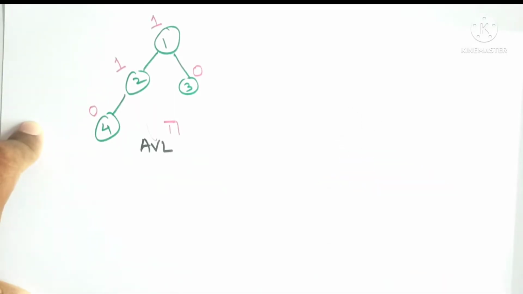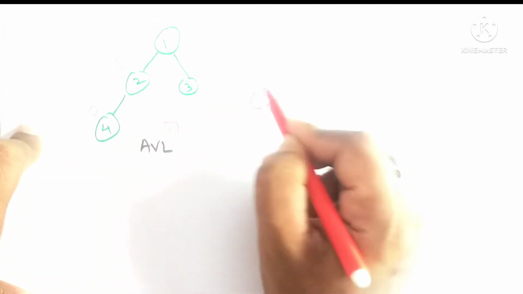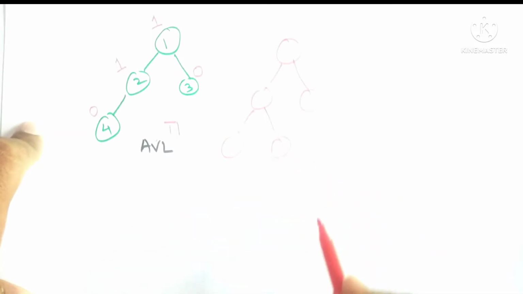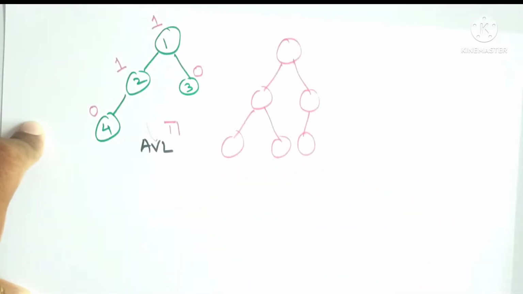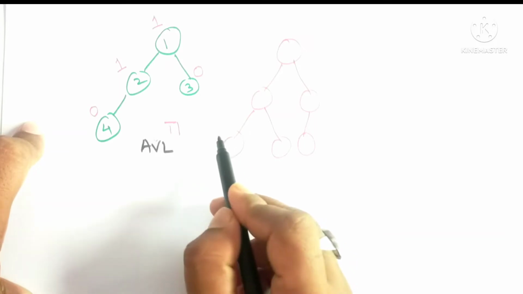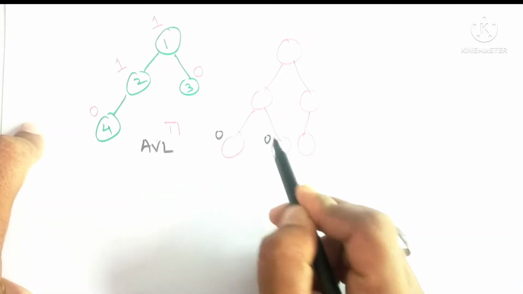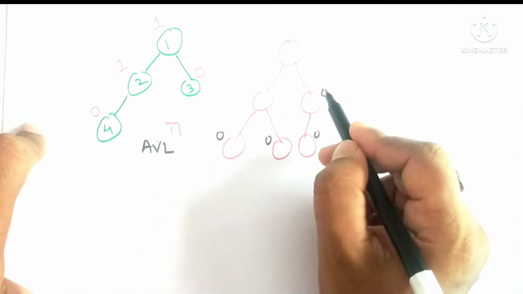Similarly, suppose I draw one more tree containing a few nodes. What is the height of the leaf nodes? It is 0, because there is no left subtree and no right subtree.